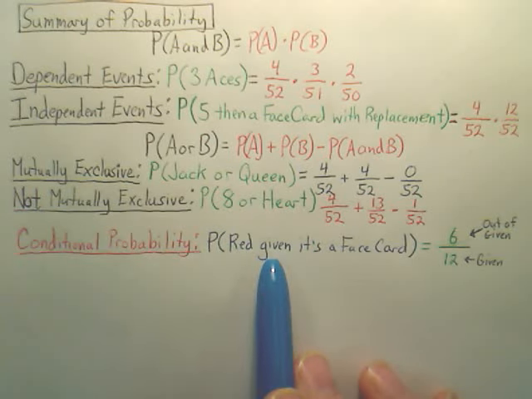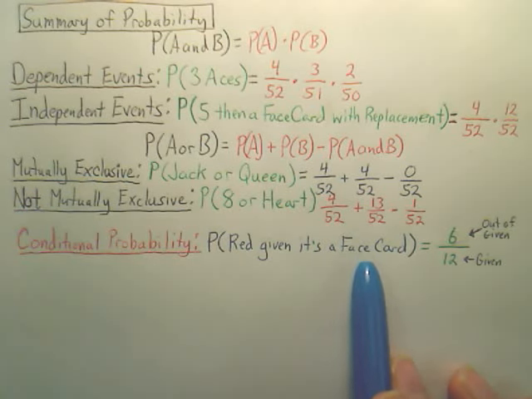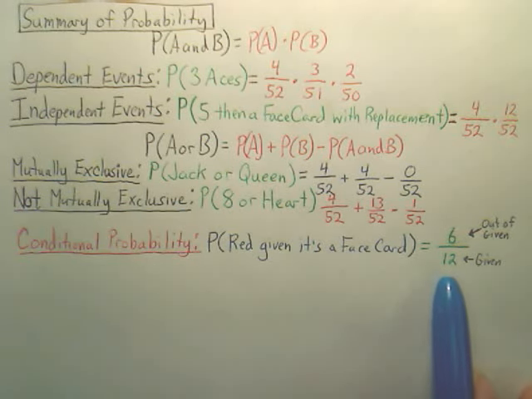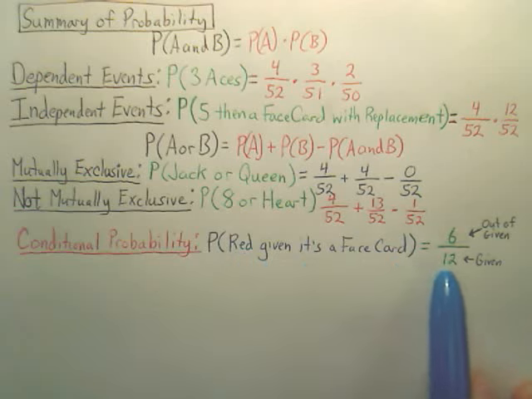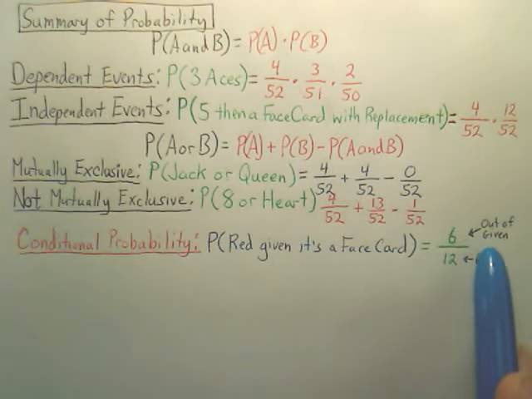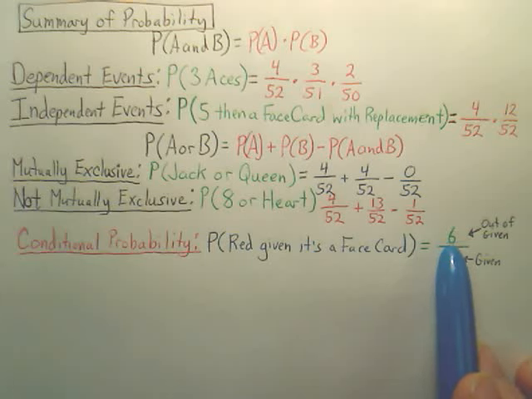From what's given, the probability of red: out of these 12 face cards, aren't there 6 reds? So my probability, when you reduce, will end up being 1/2.